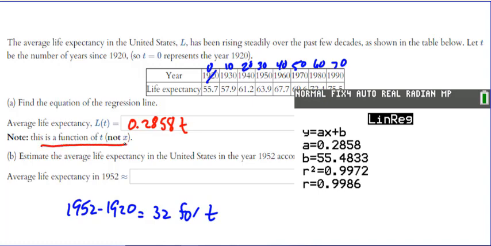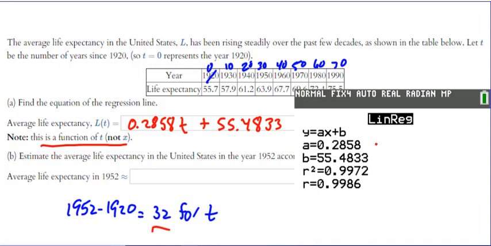This is a function of t, not x, plus 55.4833. So that's straight from the regression. Now, what would the output, or life expectancy, be in 1952? So in 52, t is 32, right?